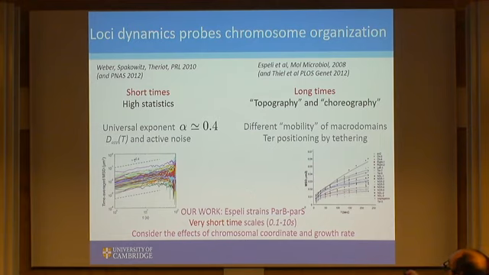the Espéli lab, and they were using those dots to look at things which were much longer. So their key question was about the segregation. So they were looking at the position of the dots over the cell cycle. And here also, this other group has looked at dynamics from 1 second to 100 seconds. So we thought our methods were good enough to push to shorter timescales by 1 decade.